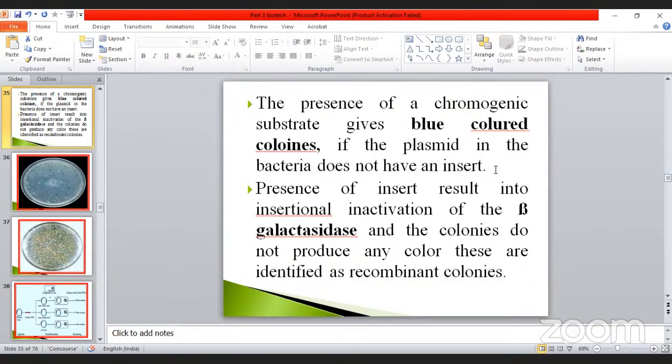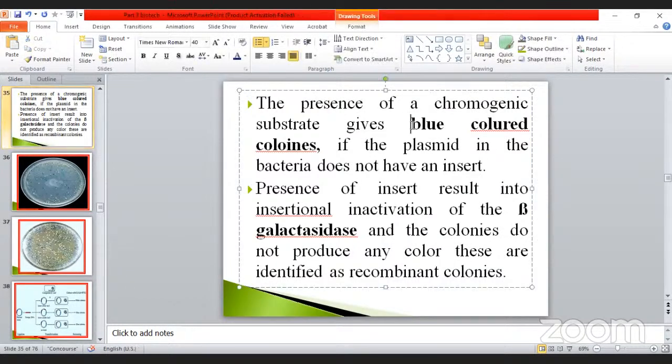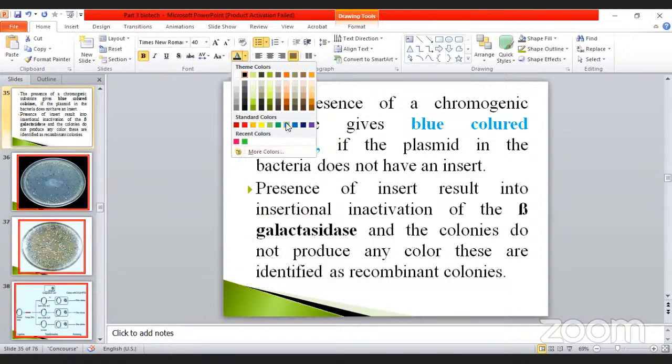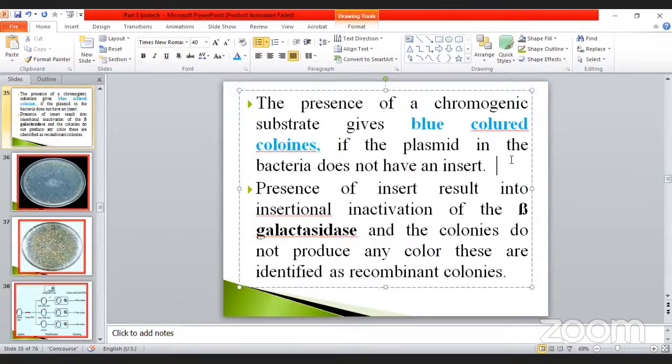Suppose the plasmid does not have any inserted DNA molecule, the bacteria look blue in color. Without any insertion, the color will be blue.